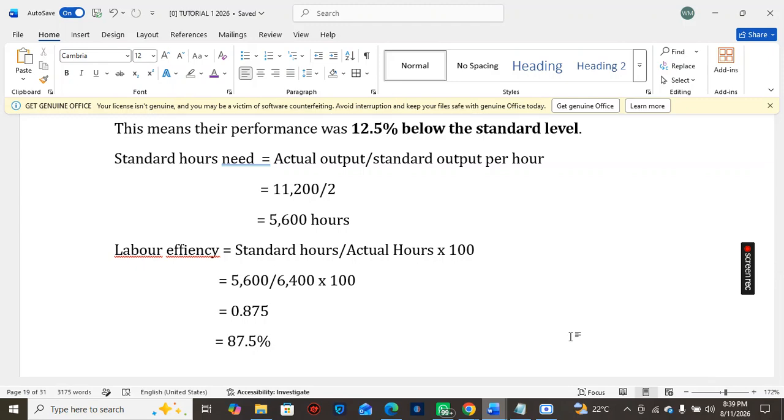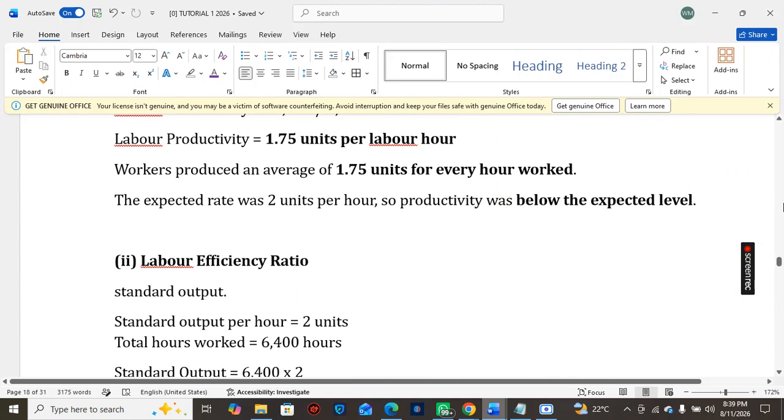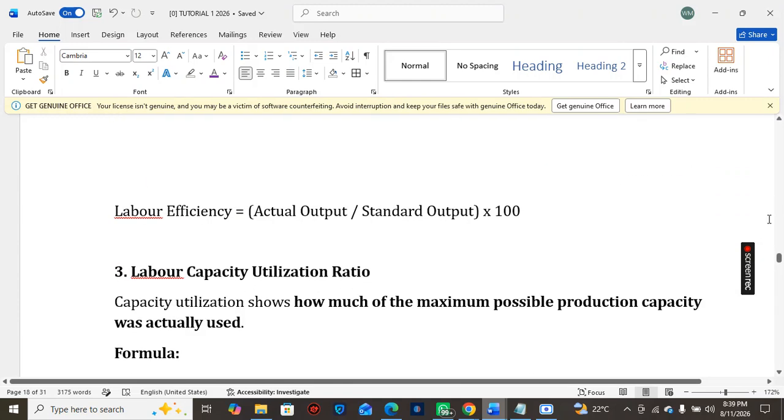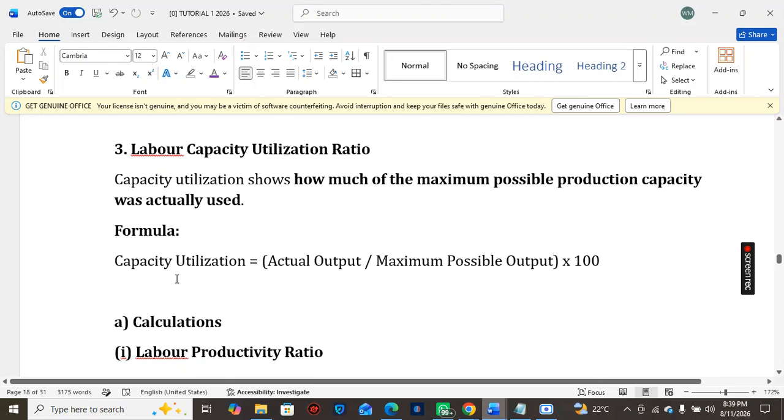Okay, so the next one is the capacity utilization: actual output over maximum possible output times 100.